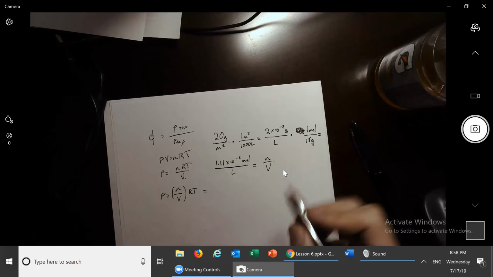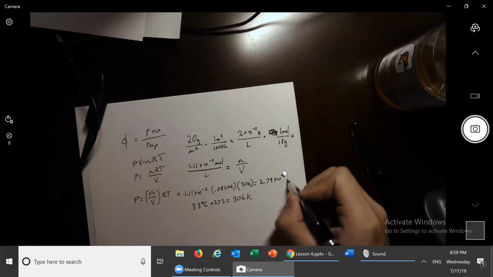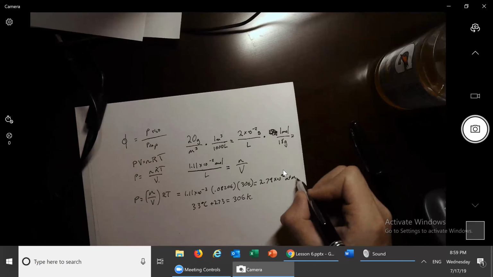So we do the calculation, and we find that the partial pressure of water is 2.79 times 10 to the minus 2 atmospheres. Okay, so we finished that, now on to the relatively hard part.